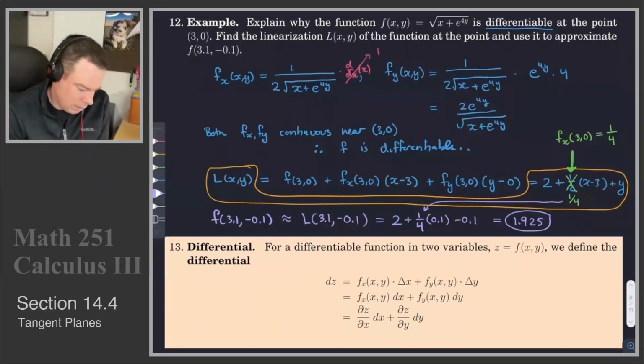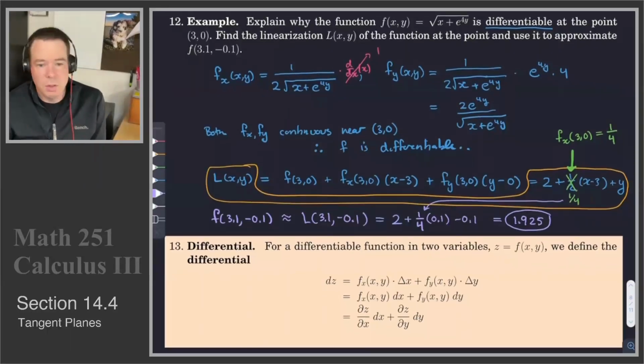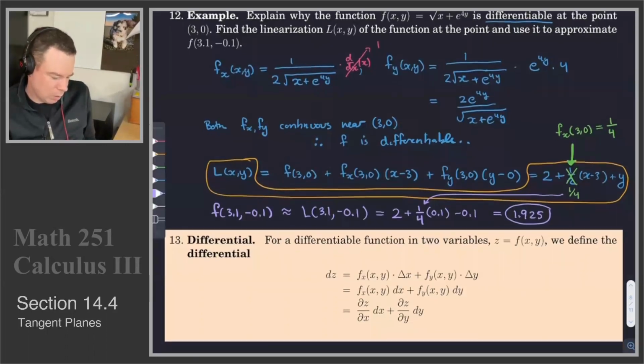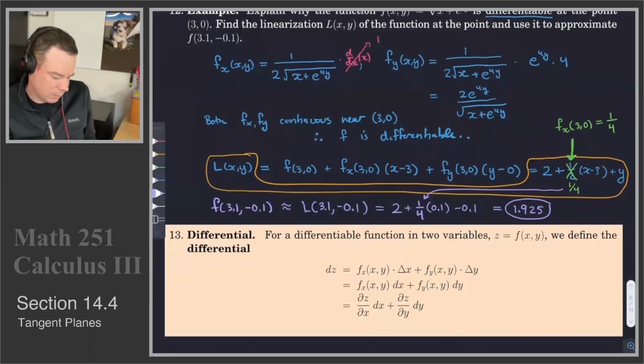So this is the idea of linear approximation: using the point on the surface that you know stuff about, the derivatives and the z value there, and then using that to predict what's going to happen as you move a little bit away from it. As you move a little bit away, you just use the points on the tangent plane as a good approximation to the point on the surface itself.